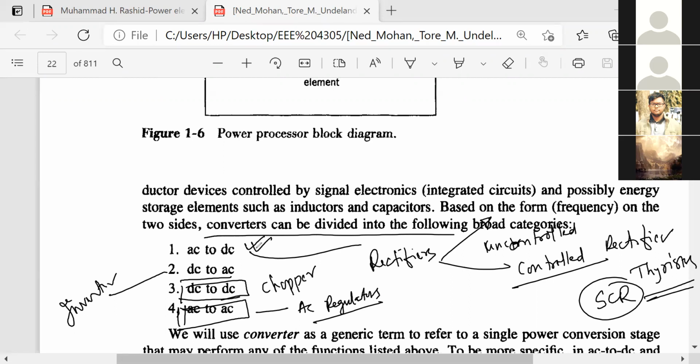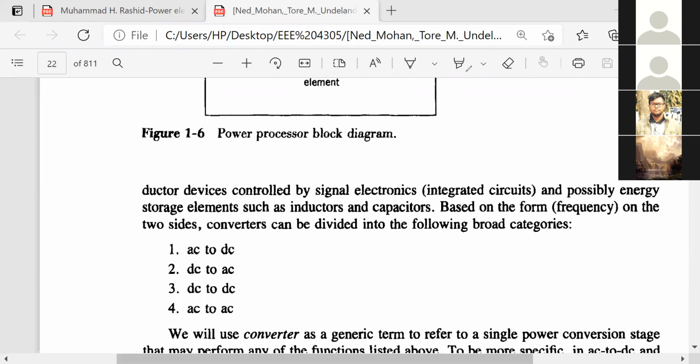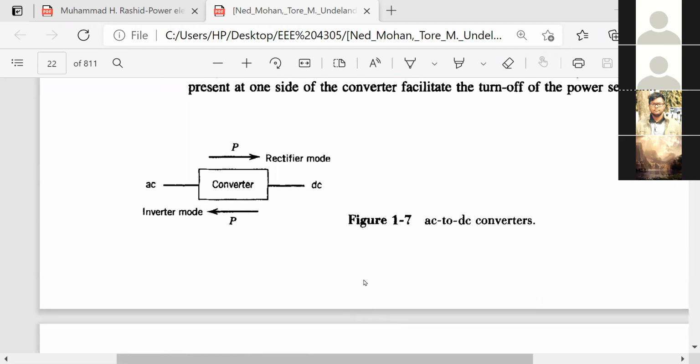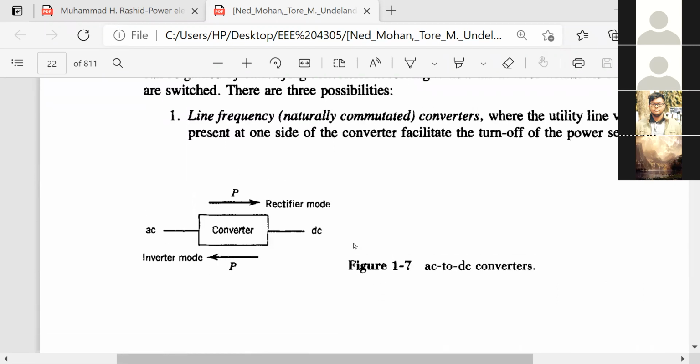Basically, I will teach you these two, AC to DC and DC to AC. There are a lot of things inside that one. Slowly, slowly, we will try to absorb all these things. Okay, now, any AC to DC converter, you can have a look at this one. If the AC power goes through the converter and the output is DC, we call it a rectifier.